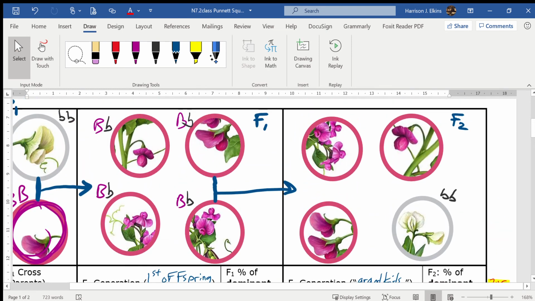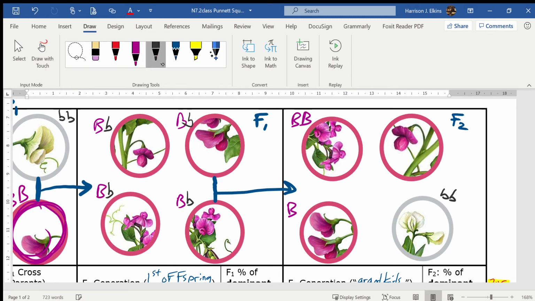Okay, which is why here we had this flower was BB, this flower was this, and then this flower was this. So here, these are just different ways. If I combine these two, I'd get this flower. If I combine these two, I'd get this one.